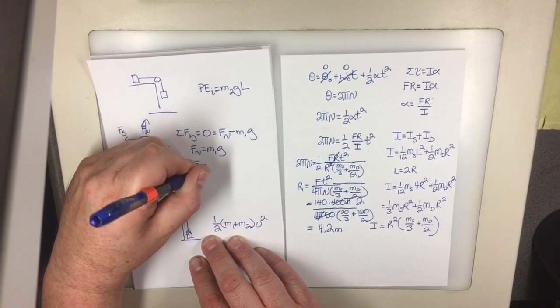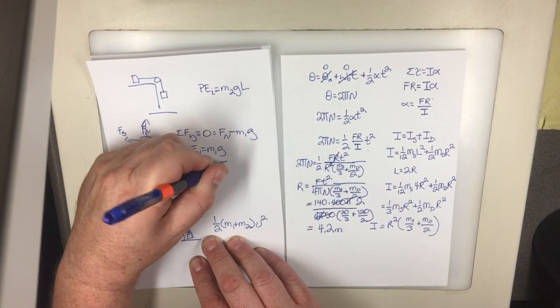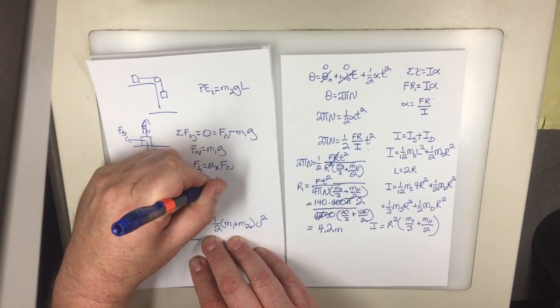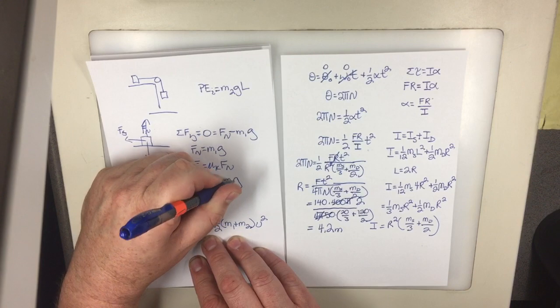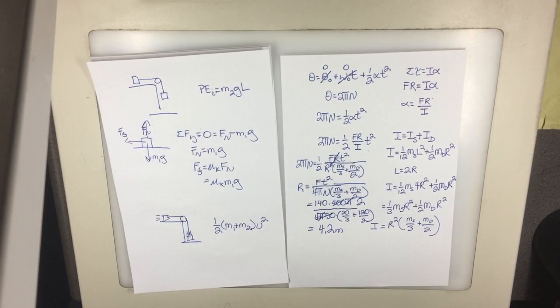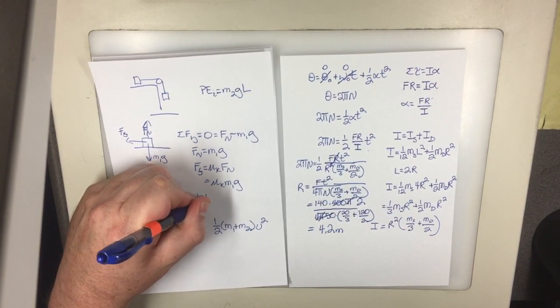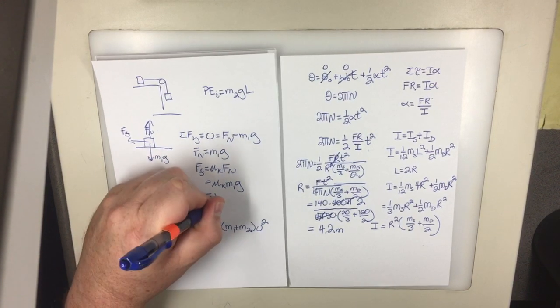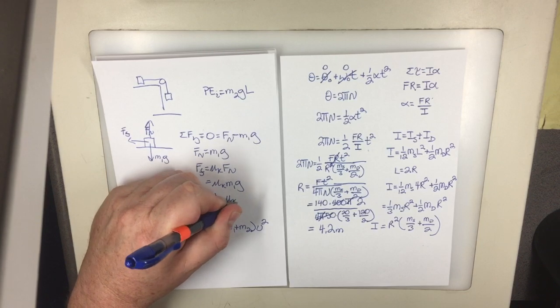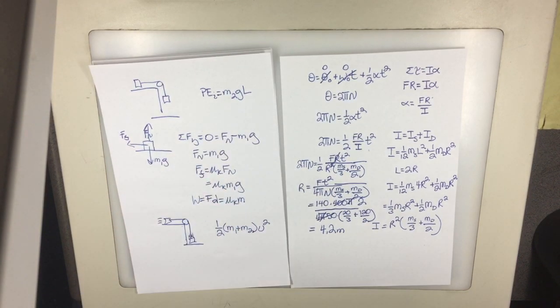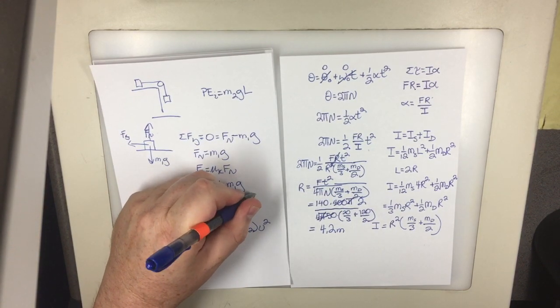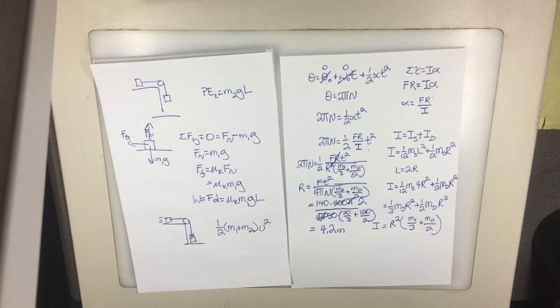Friction force is mu sub k Fn, which is mu sub k M1 g. So the work removed, force times distance, is mu sub k M1 g L. If block 2 fell distance L, block 1 slid distance L.